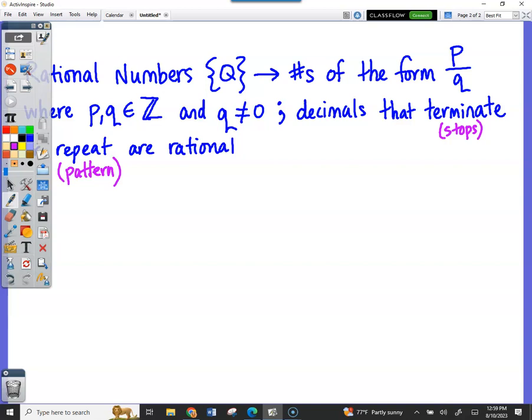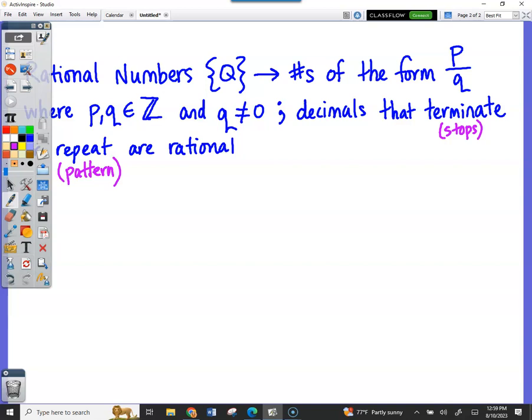So we're going to read it again. All right, so rational numbers are numbers that are in the form P over Q, where P and Q have to come from the integer family. Q can never be 0. And by the way, if you have a decimal that terminates or repeats, it is rational, and there is a way to find the fraction that would represent it.